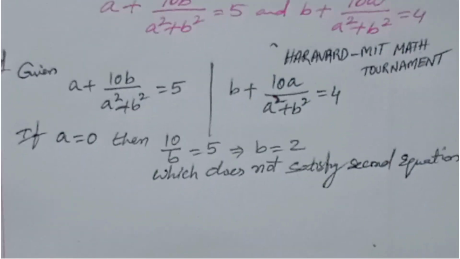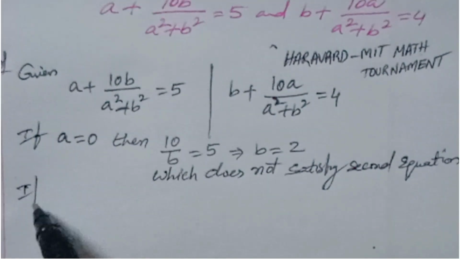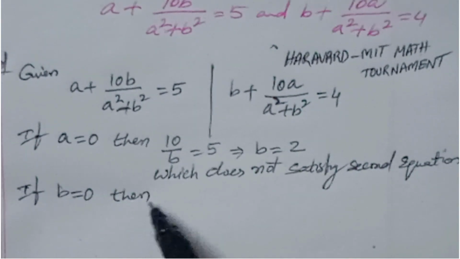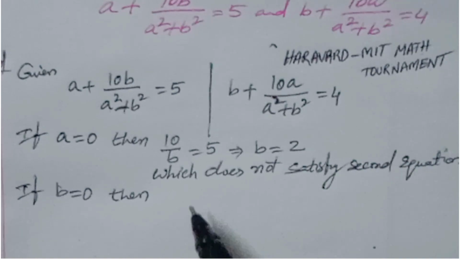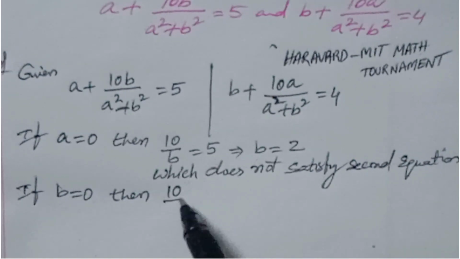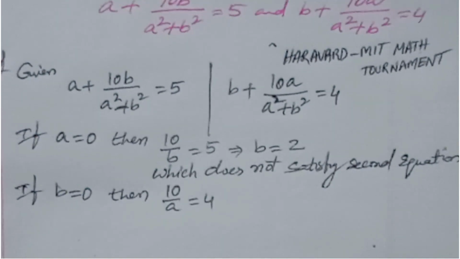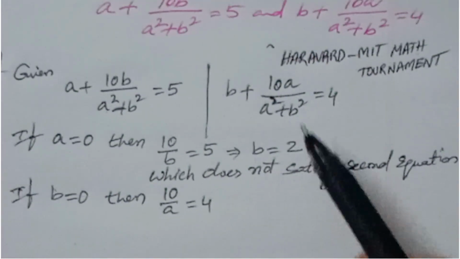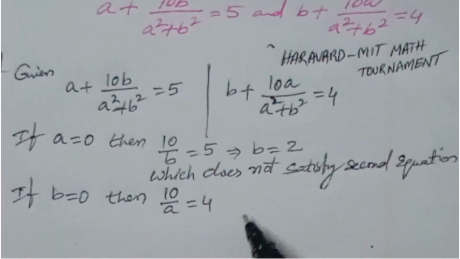Now if you take b equal to 0, we'll see what will happen. If b is equal to 0, then 10/a is equal to 4.